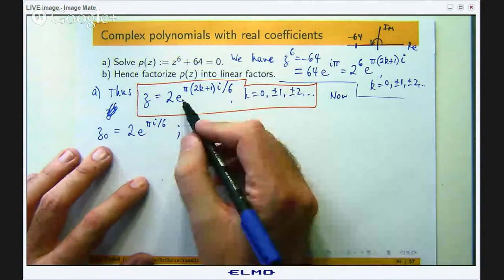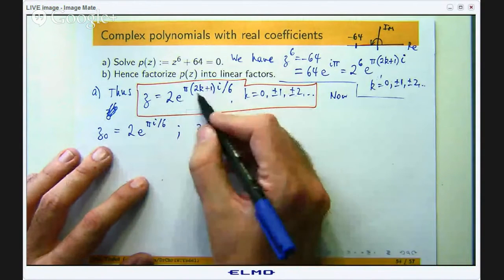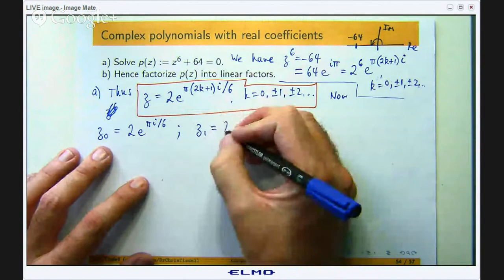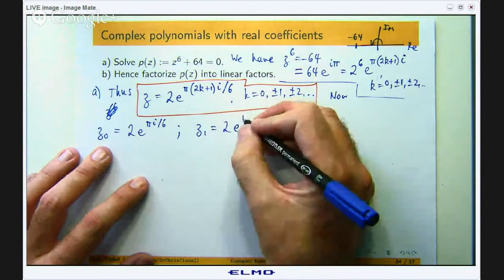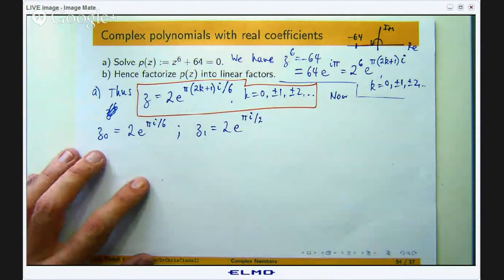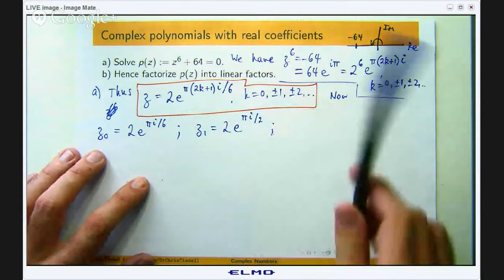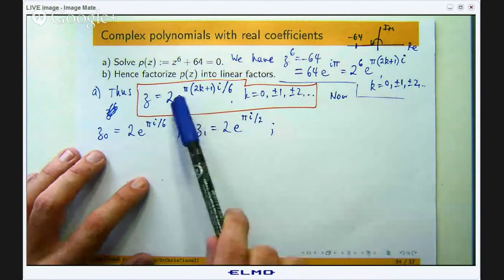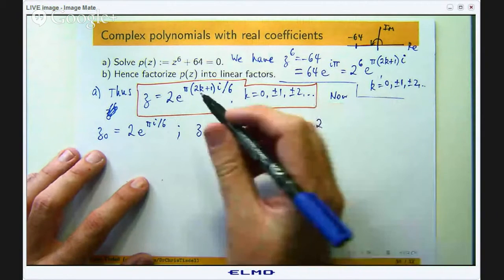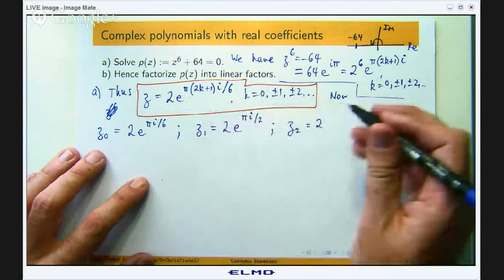That'll give me 2e to the π, I'll get 3 in there, and then i over 6. So that'll reduce down to the following. All right, let's keep on going. Let's put in, say, k equals positive 2. So I'll get, again, something like this, and I'll get 5 in there.